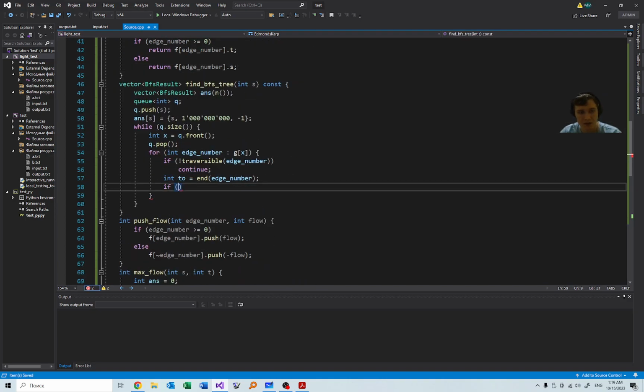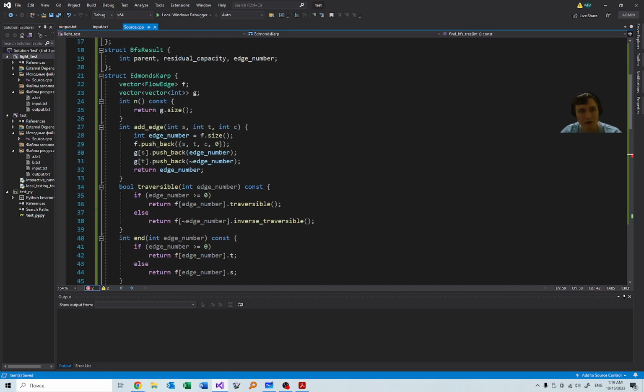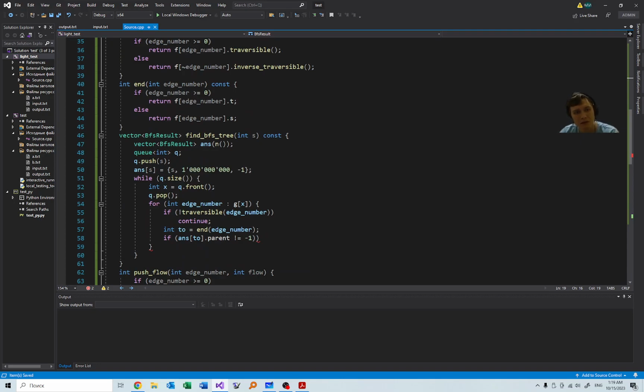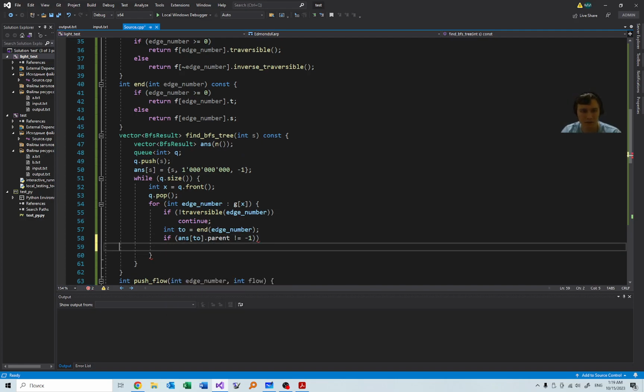Great. Now if ans2 dot parent is not -1, I can do it like this, I guess. I think I can. If it is -1, I continue again.